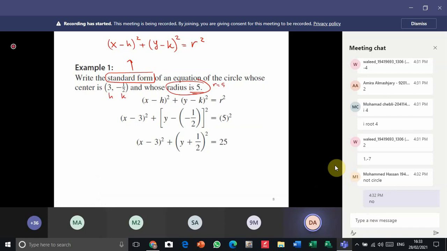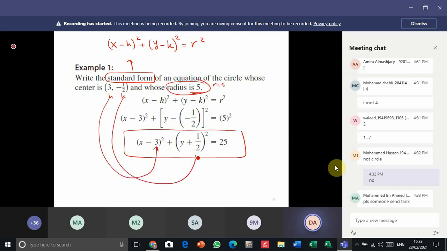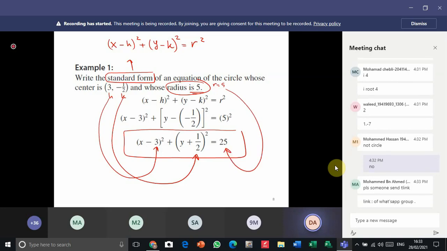So we can put h, k, and r in the standard form of the circle equation to find it, like this. This is the value of h, this is the value of k, and the radius square equals 25. Okay? Any question?